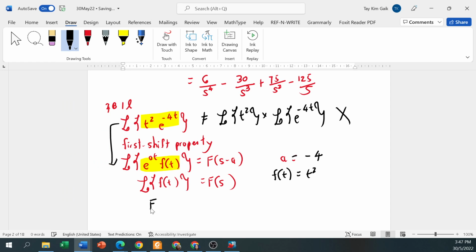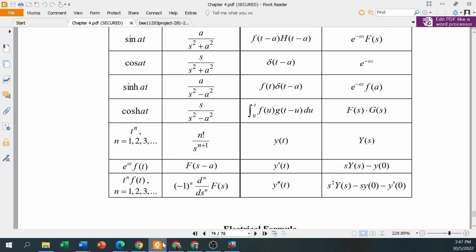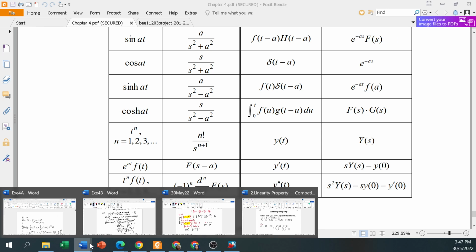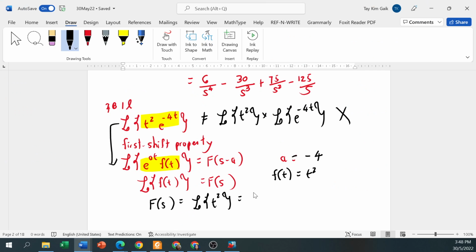That means F(s) is the Laplace transform for t squared. So use back the first 7 formulas, t to the power n. So it's 2 factorial divided by s to the power of 2 plus 1, which is s cubed. So you got 2 over s cubed.